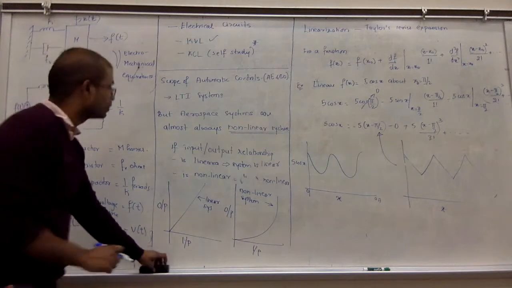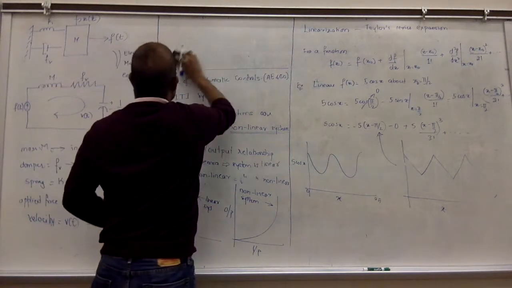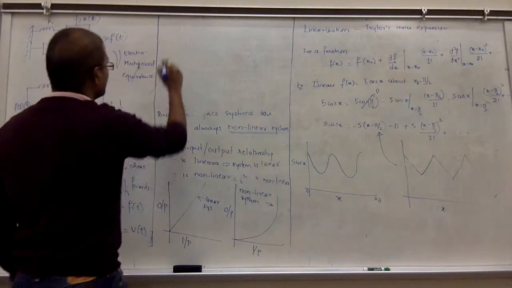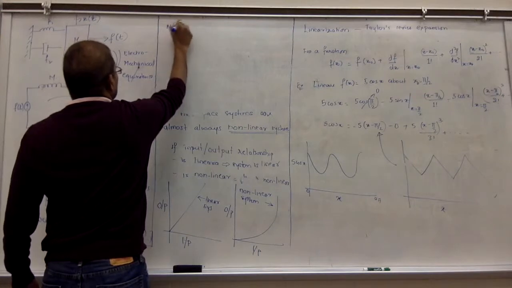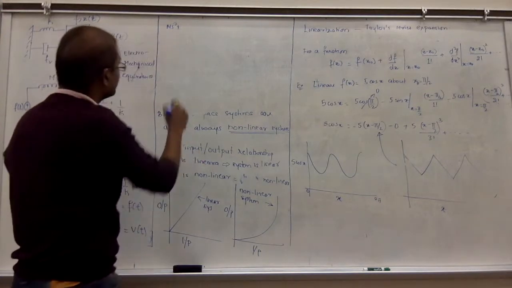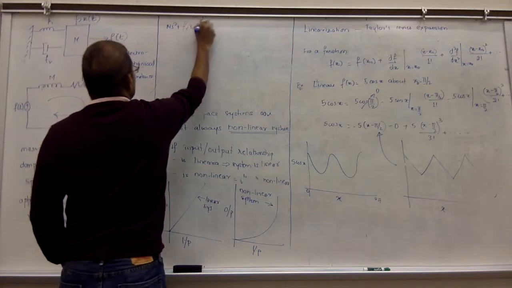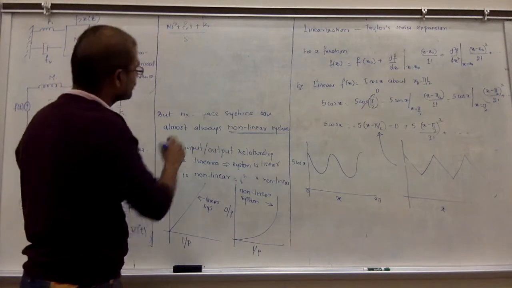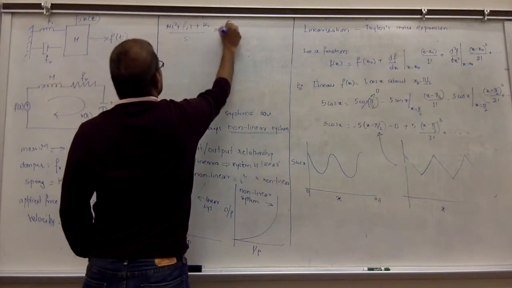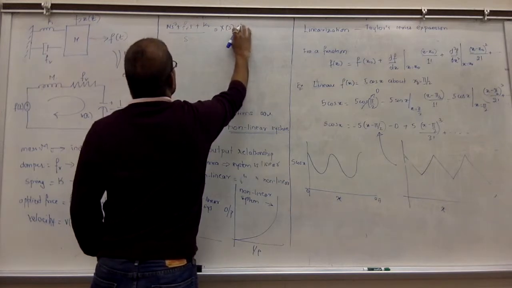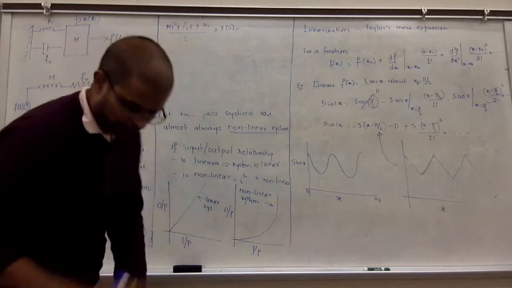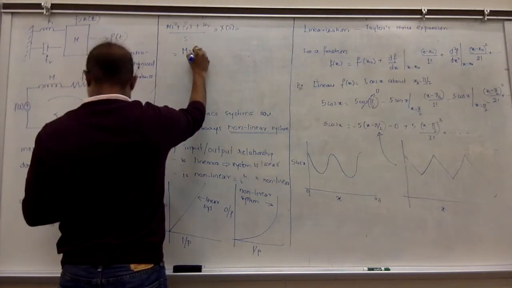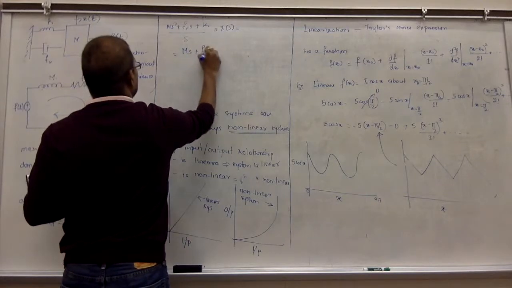So if you just look at this one, the transfer function, you have ms squared plus ds plus k divided by s, equal to ms plus fv.